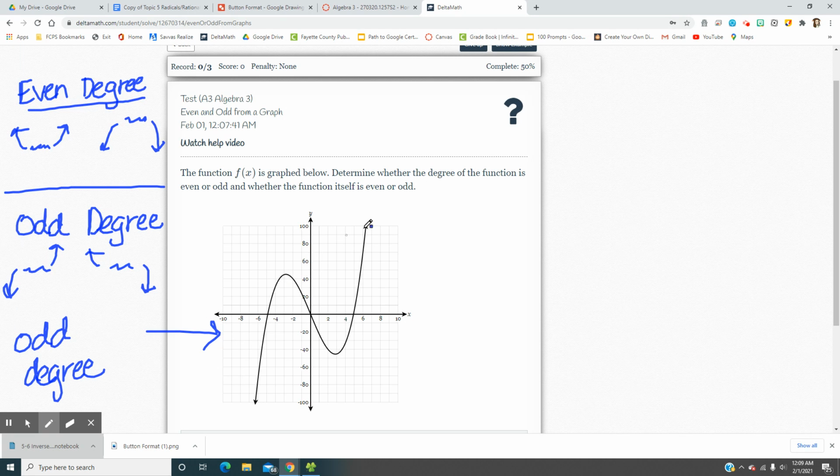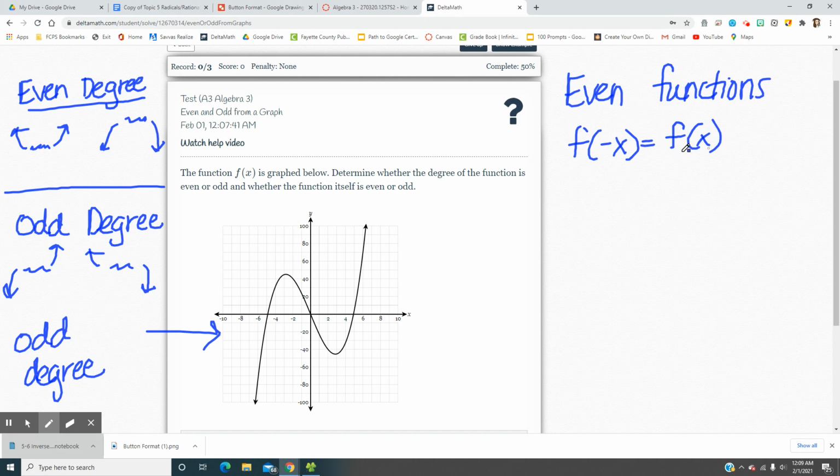Okay? Now, is the function an even function or odd function? Well, even functions, f of negative x is equal to f of x. So let's see, is f of negative 2 the same as f of 2?